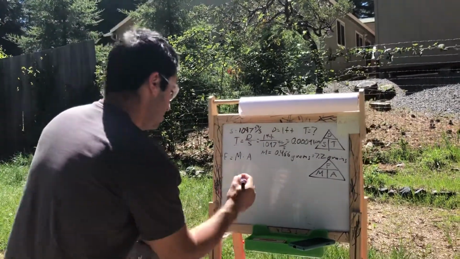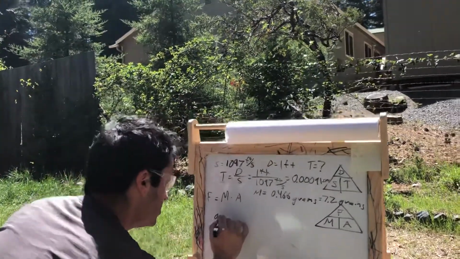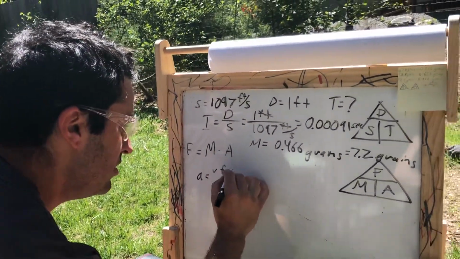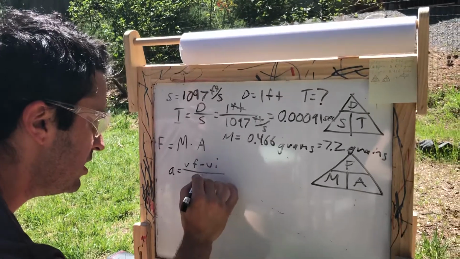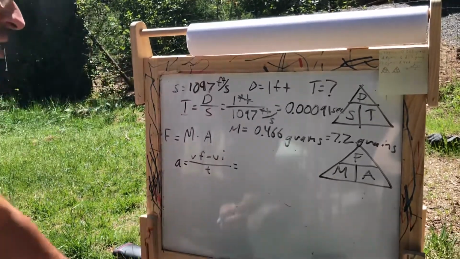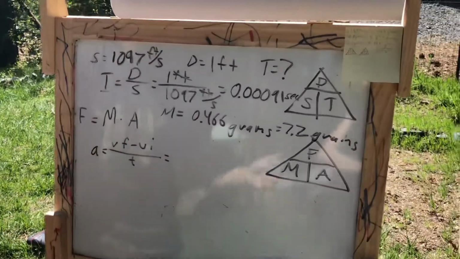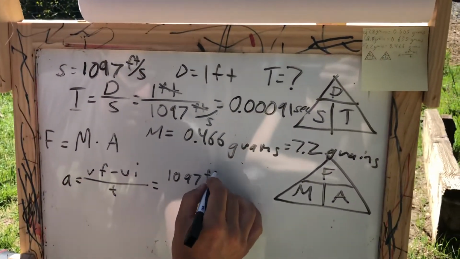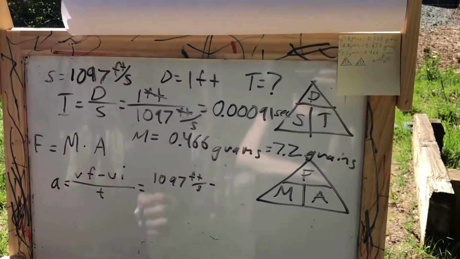To solve for acceleration, if you remember, it's VF minus VI divided by time. I know my final velocity was the speed I got from the chronograph, 1,097 feet per second, minus initial velocity.